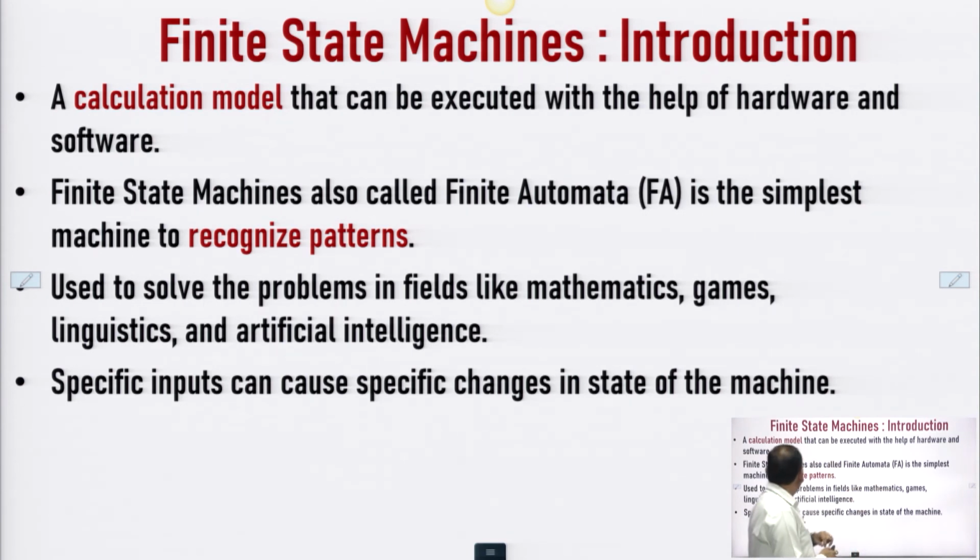It is the simplest machine to recognize patterns. It is used to solve the problems in the fields of mathematics, games, linguistics, and artificial intelligence. Specific input can cause specific changes in the state of machine.